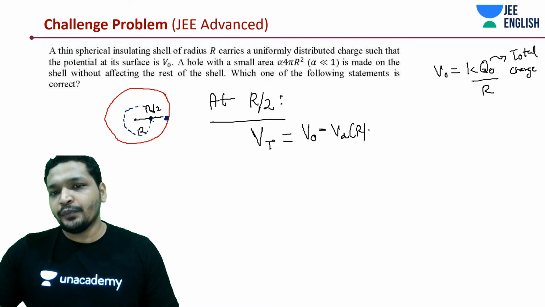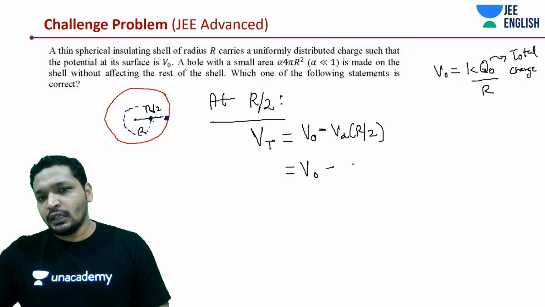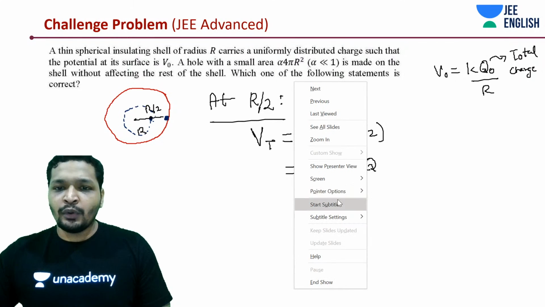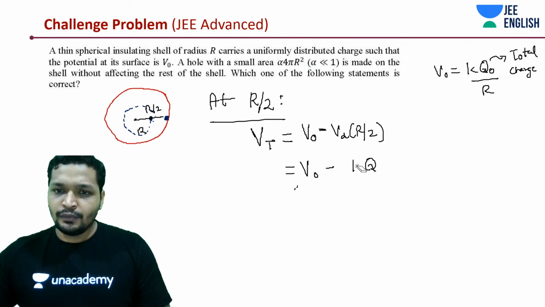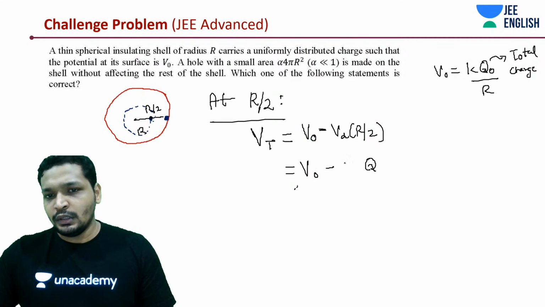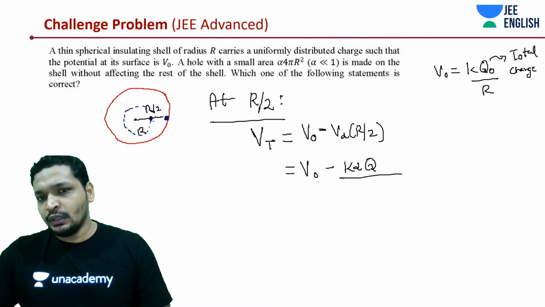Okay. And how much is that going to be? V naught minus K into alpha Q divided by R by 2.